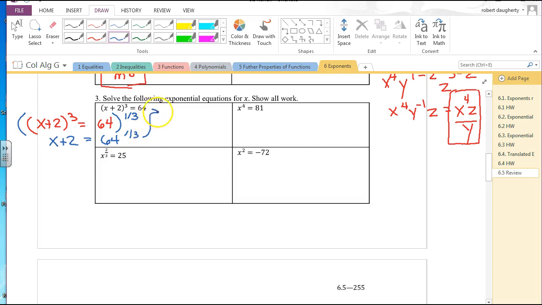So that means that x plus 2 equals 64 to the 1/3, that just means the cube root of 64. A number that you can multiply by itself 3 times and get a 64, that's just going to be 4. So x is going to be equal to negative 2 plus 4, or x is equal to 2.